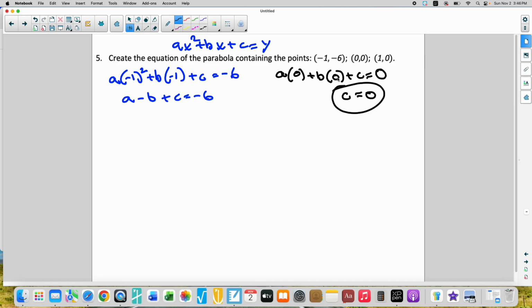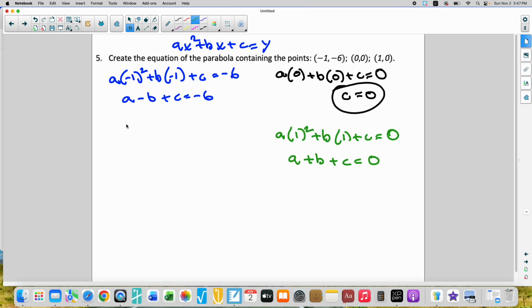That's nice, actually. And the third equation is a times 1 squared plus b times 1 plus c equals 0, which gives us a plus b plus c equals 0.